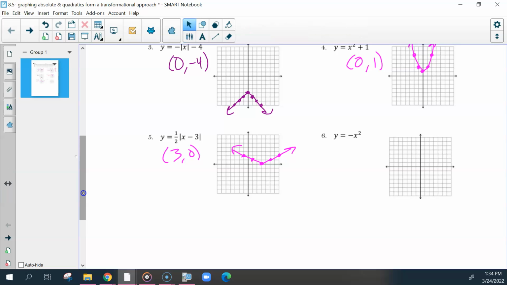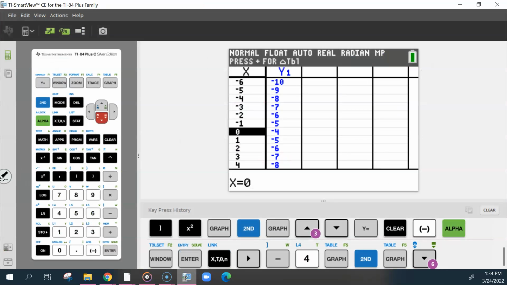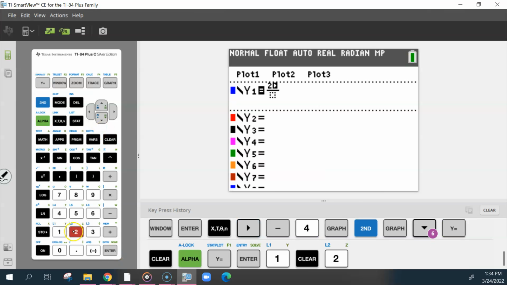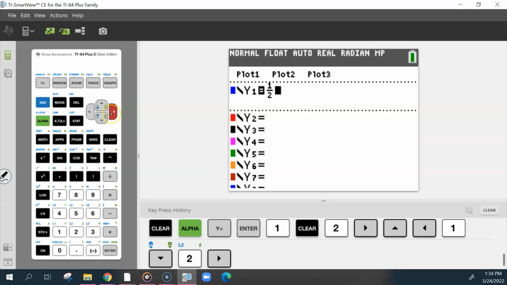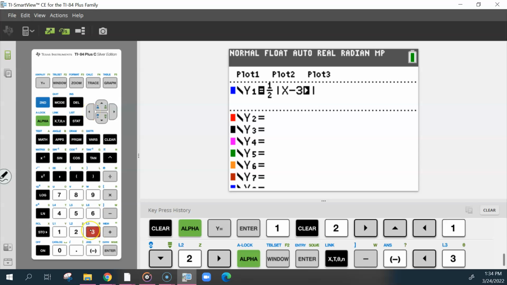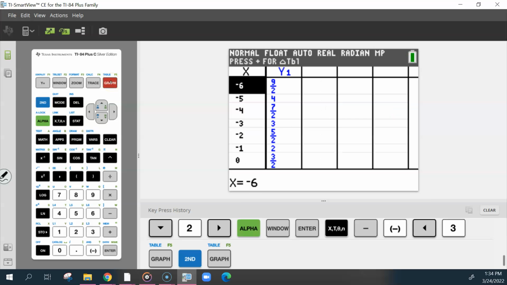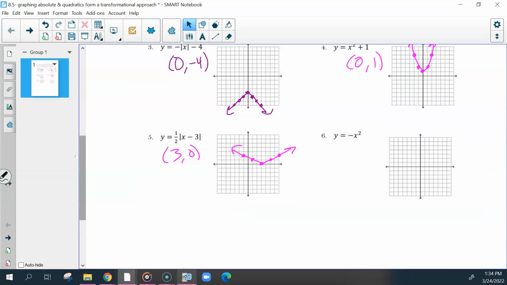And I'm going to graph that one just so you see that that works. So 1/2 times the absolute value of x minus 3. And I can see it's gotten wider and it's been moved to the right. When I go to my table, now some of these points are halves and I'm not looking at all of those, so I need to compare the ones I have.